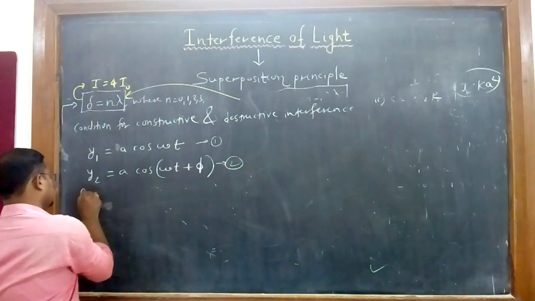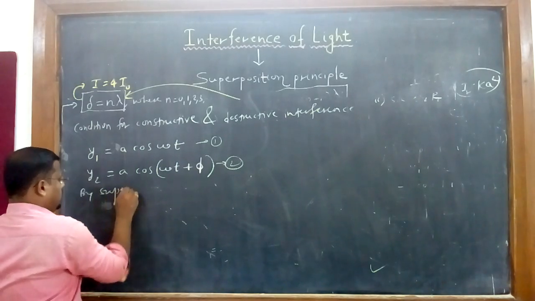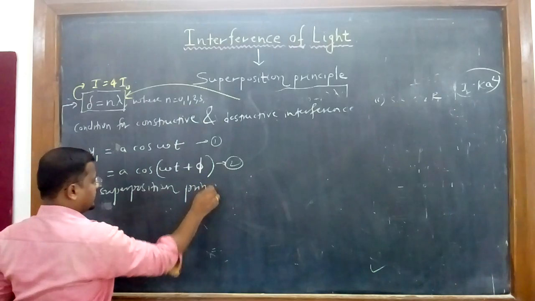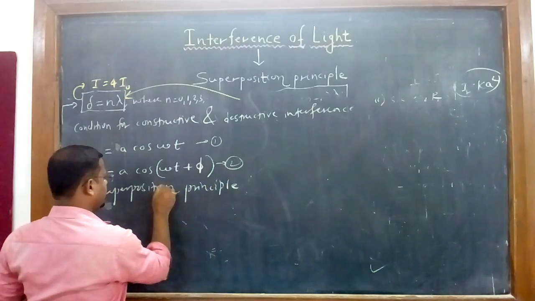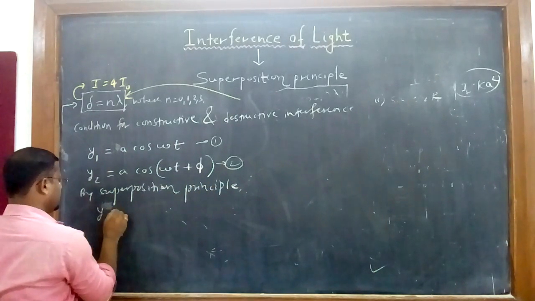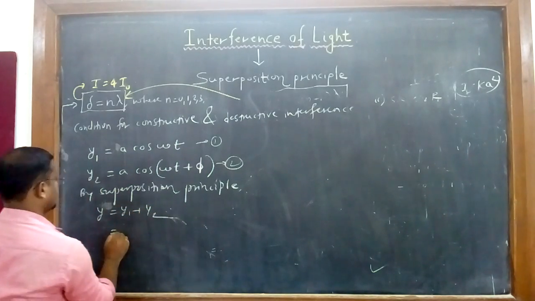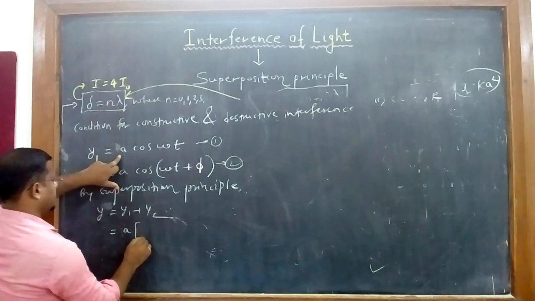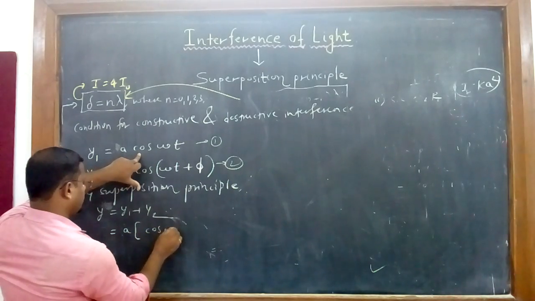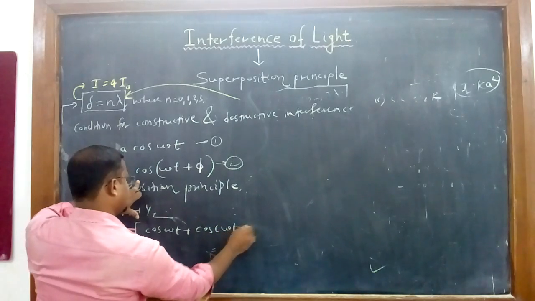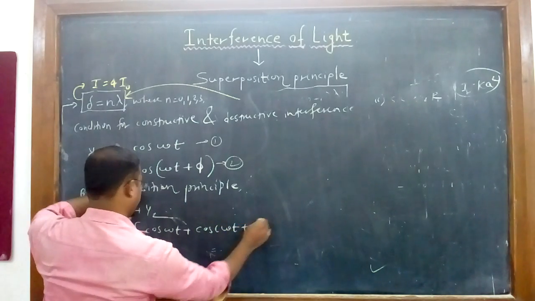So by superposition principle, what I can write here, the resultant wave is y is equal to y1 plus y2. A I can take common, in the bracket it is cos of omega t plus cos of omega t plus phi.